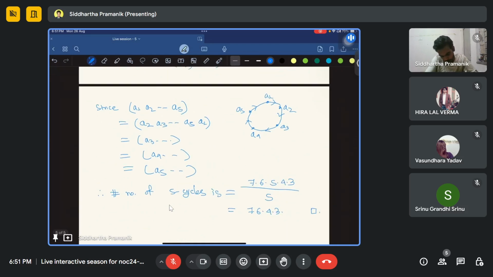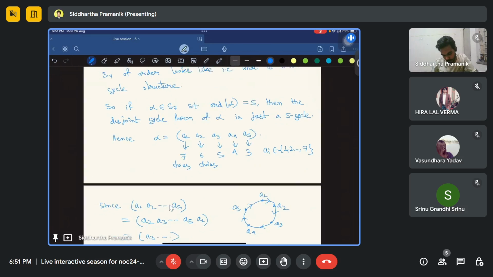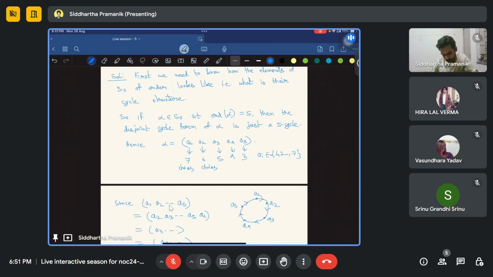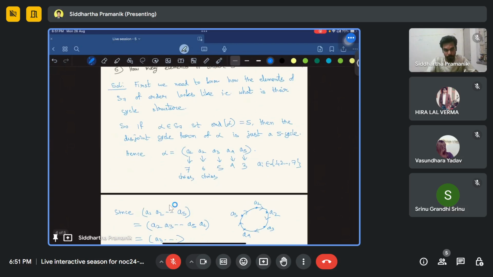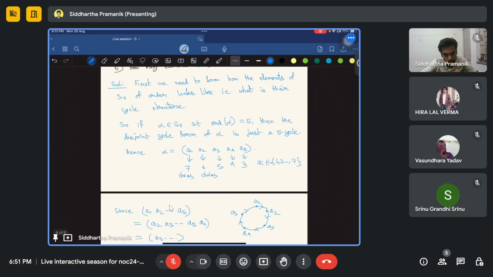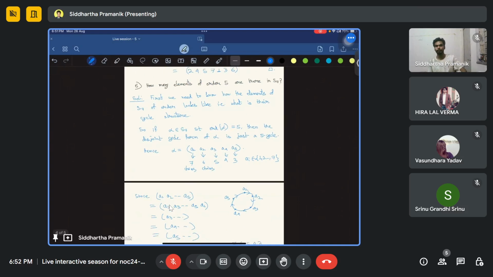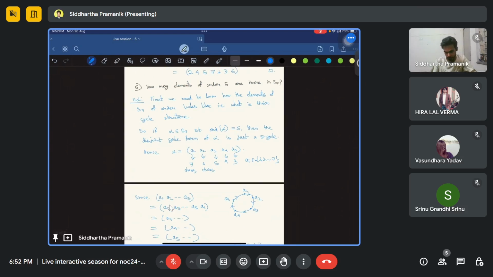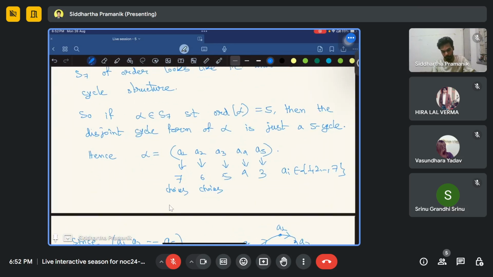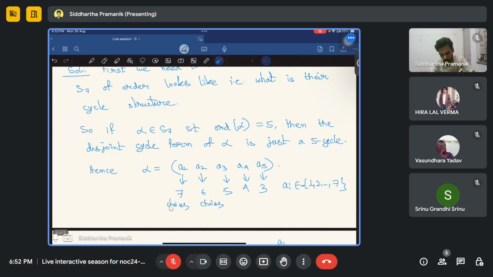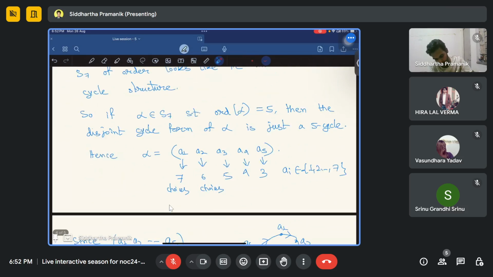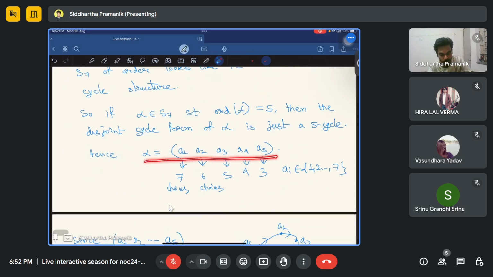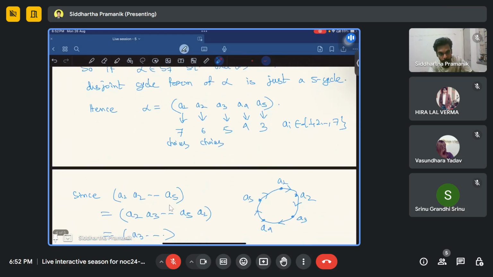So I hope you have understood this. You just need to understand exactly one example of this type, then you can do the other problems of this type. This is important. So if you have any doubt, you just ask now. We first look at how the elements of order 5 in S7 look like. It is just a 5 cycle. So we need to determine the total number of 5 cycles.